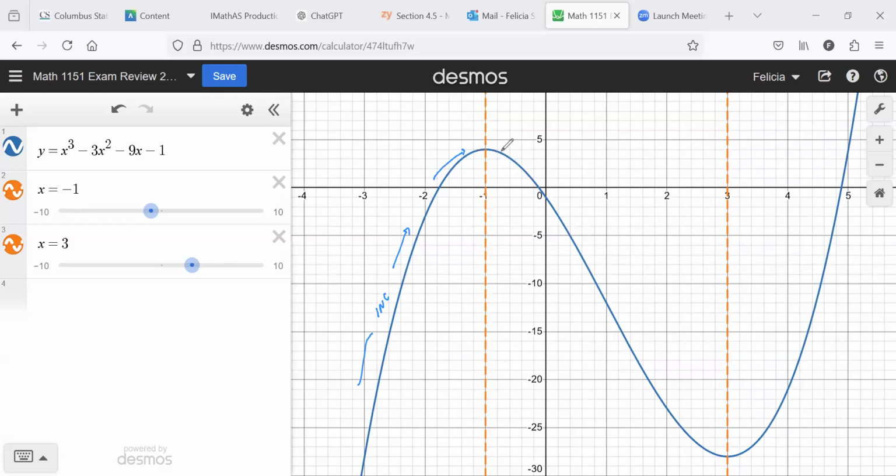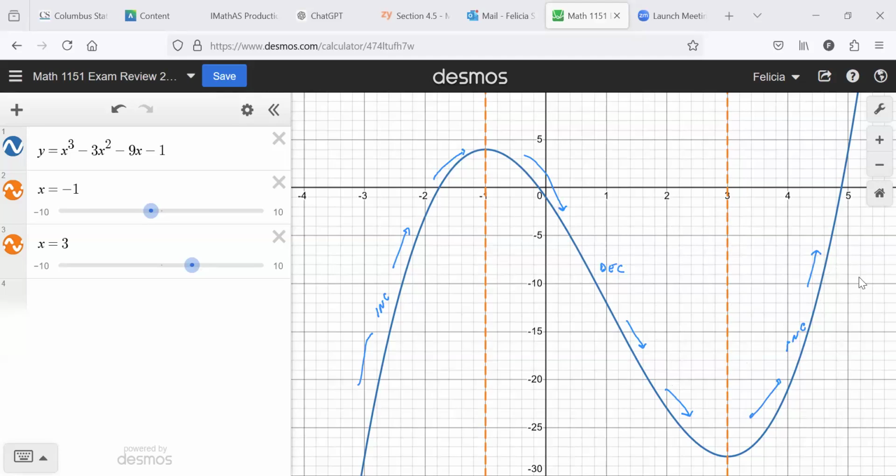And then you saw that from -1 to 3, this is a decreasing portion of our graph, so it should be going downhill on that interval. And then from 3 to positive infinity was our third interval. When we plugged our test point in, we got a positive number, and so that means that this section of our graph should be increasing. And it is. You see this portion of the line is going uphill as you look at it left to right.